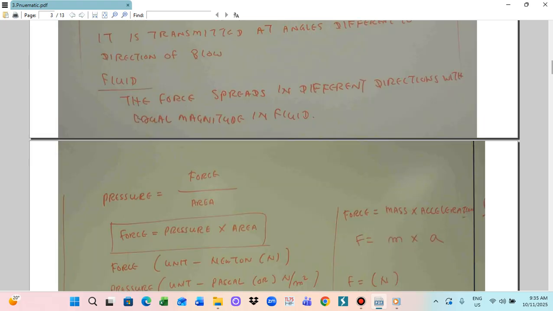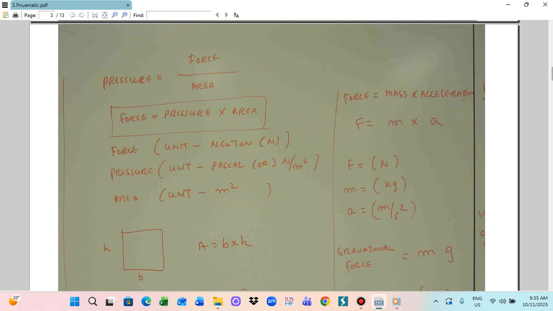Pressure is equal to force divided by area. Then we can also calculate force: force is equal to pressure multiplied by area. Force will be in Newtons, pressure in Pascals, and area in square meters.